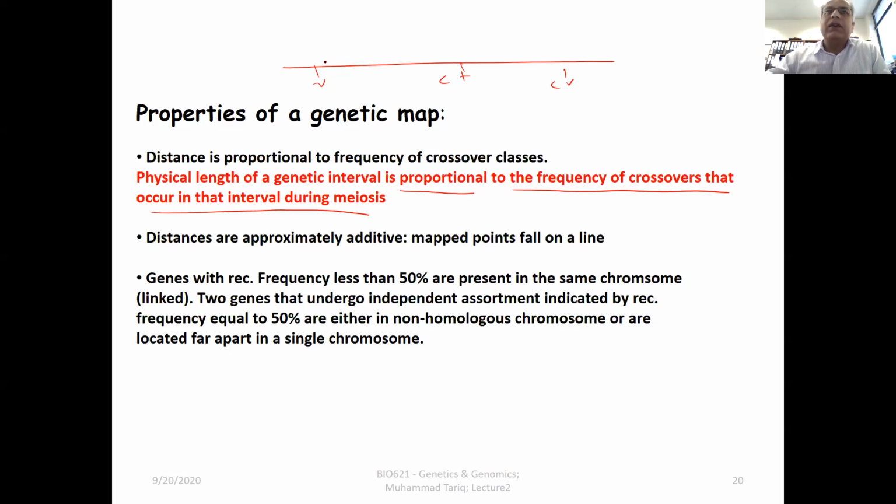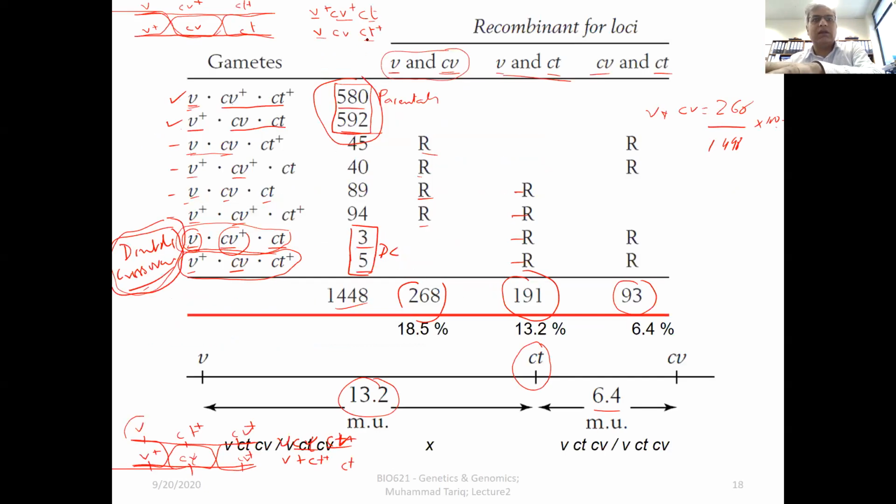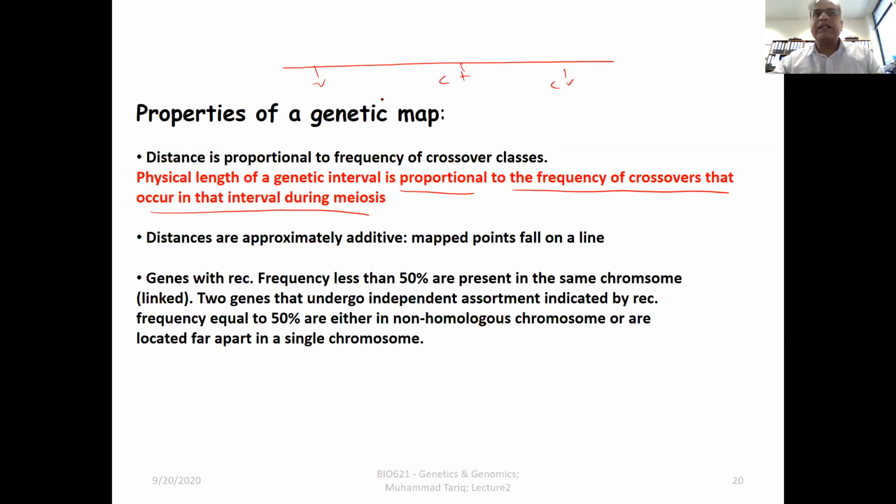For example, if we have found cross, veinless, and cut are, let's say this was 13 and this was 13.8 and this was 7.5, they are approximately additive. Vermilion and cross veinless maybe is 21 or 20 to 21 centimorgans, whatever. Okay, and then you apply stats to make sure that these distances are correct.